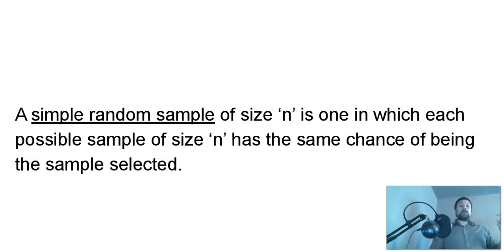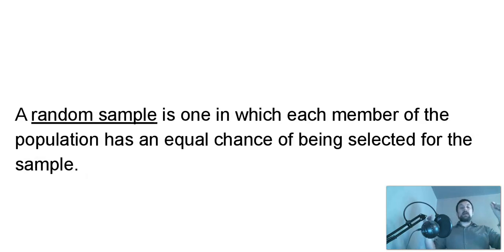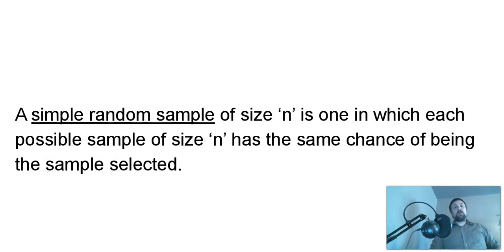For a random sample, we're talking about the individuals each having an equal chance of being selected. But for a simple random sample, each sample of that particular size that could possibly be created has an equal chance of being the sample that you end up creating, right?